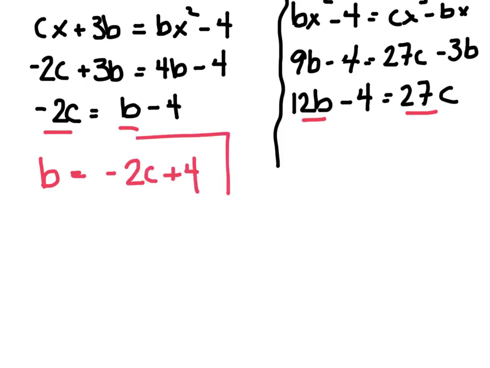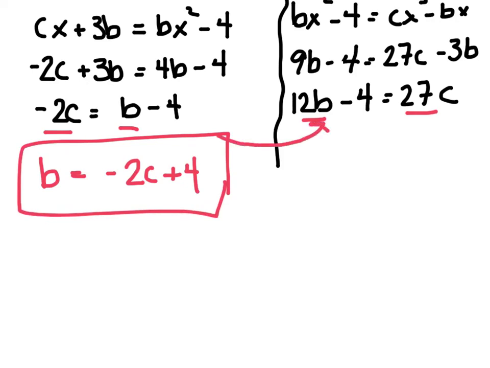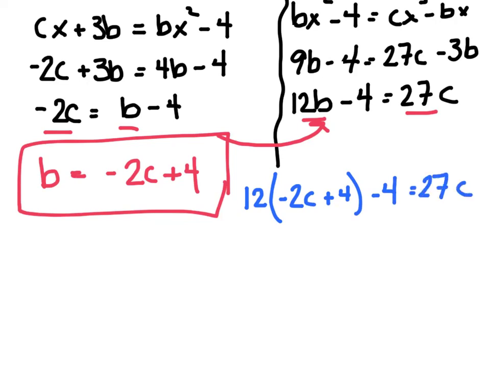Now that I know what b is from this equation, I'm going to substitute it into the b in this equation. So I'm going to say 12 times -2c plus 4, minus 4 equals 27c.